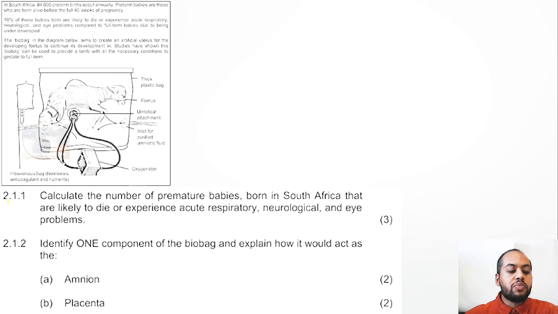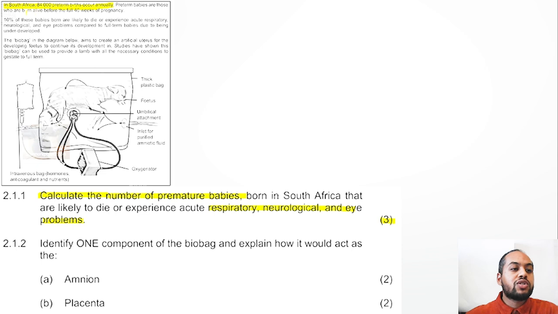The first question, 2.1.1, says calculate the number of premature babies born in South Africa that are likely to die or experience acute respiratory, neurological, and eye problems. For 3 marks, it is a calculation, so we need to show the calculations. If we look in the first paragraph, you can see in South Africa, 84,000 preterm births occur annually.